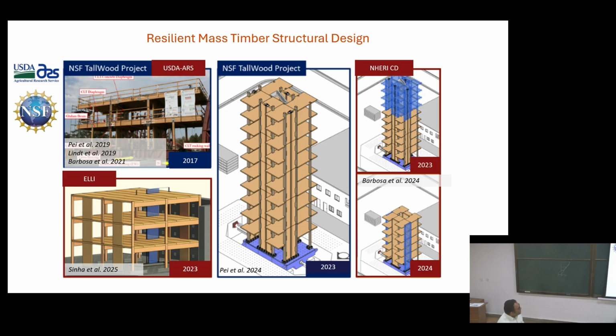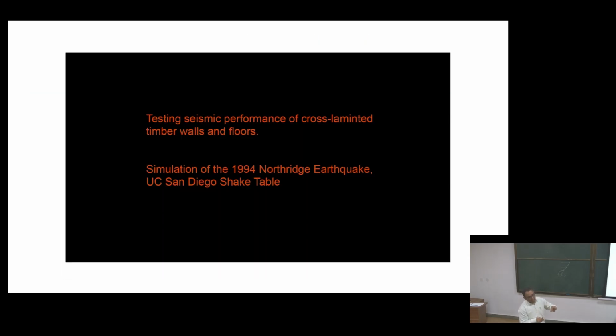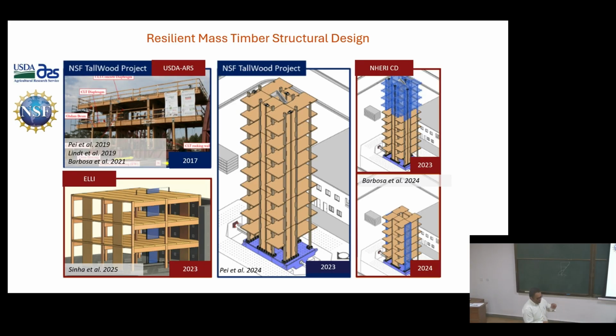So in 2017, we tested a 2-story mass timber building with timber concrete diaphragms. So timber topped with 2 inches, 50 millimeters to 75 millimeters thick, concrete topping, attached with screws.